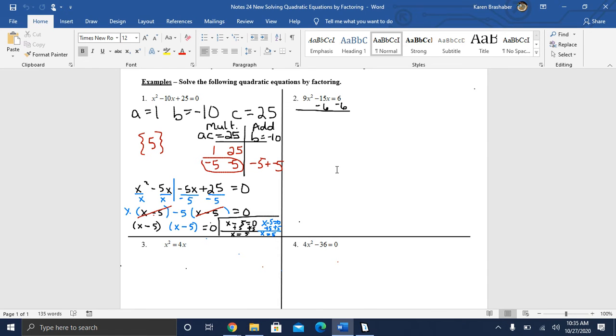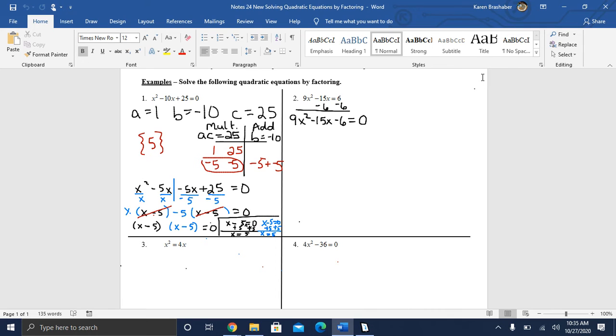They are not like terms. And so we're just going to put it in descending order, 9x squared. That's my highest exponent. And then minus 15x. And then my minus 6 will just come as the last term. And then on the right side of the equal sign, 6 minus 6 is 0.